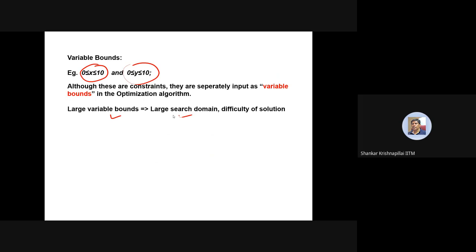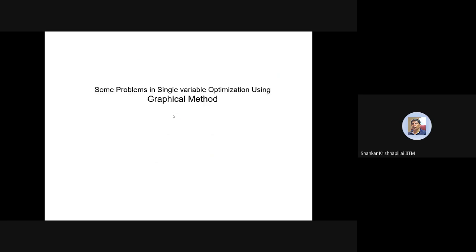Now we look at the graphical method. The graphical method of optimization is a very basic method. In practice, nobody will use it because so many algorithms are available now. But the graphical method will teach you how to visualize the feasible region and objective functions by actually plotting those values on graph paper.